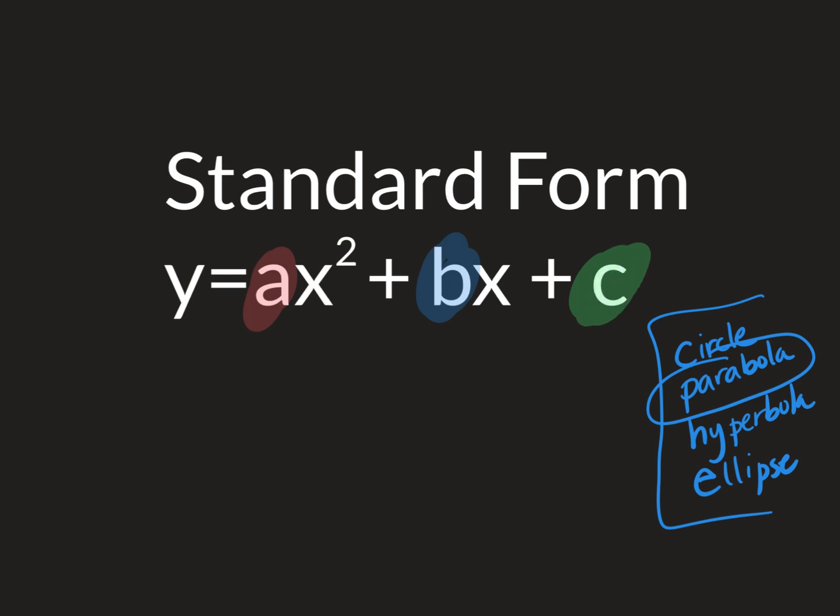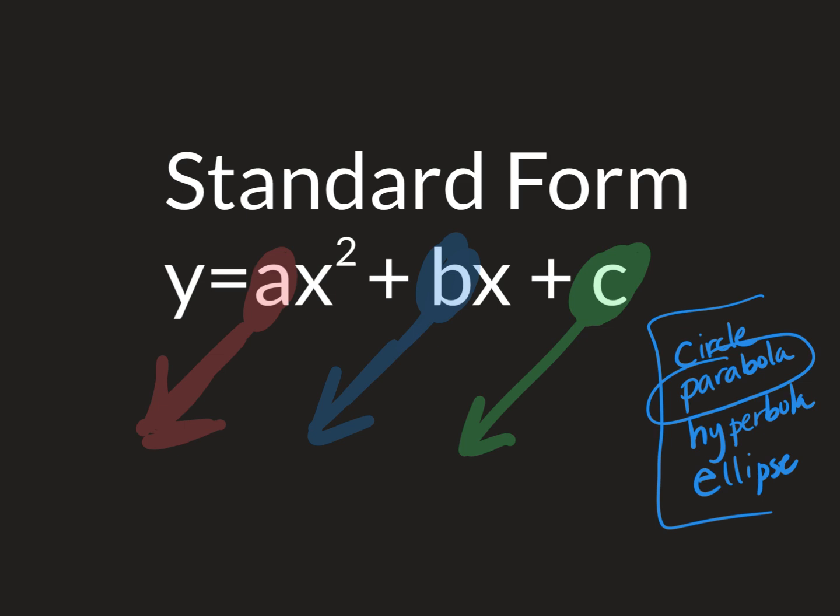That's the first thing that you have to do. And I want you to realize that A is the number beside of x squared, and B is the number beside of x, and C is the constant. So I want you to try to get that in your mind. A, B, and C, the red, the blue, and the green, are all numbers.